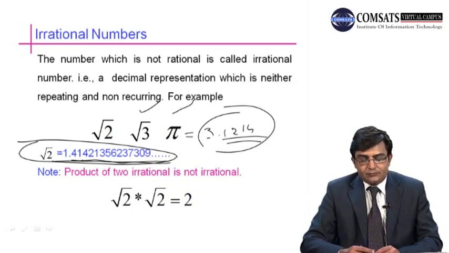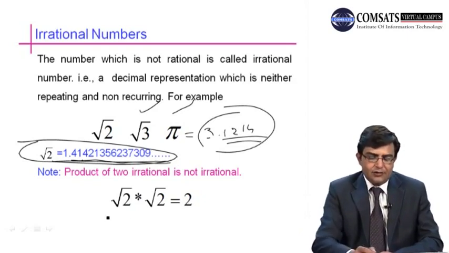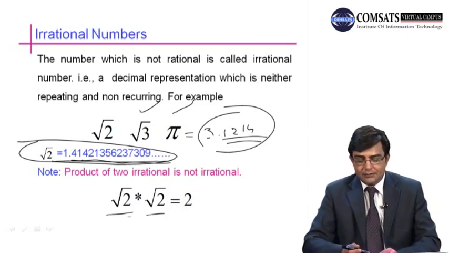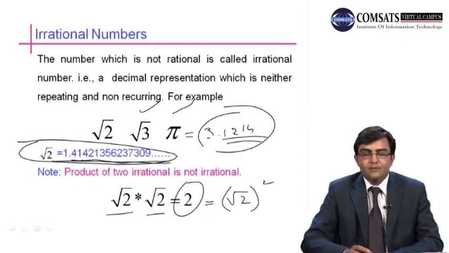And there's a note that the product of two irrational numbers is not necessarily irrational. For example, if we take square root of 2 into square root of 2, this becomes square root of 2 whole squared. Now the square root and the square cancel, and we obtain 2.